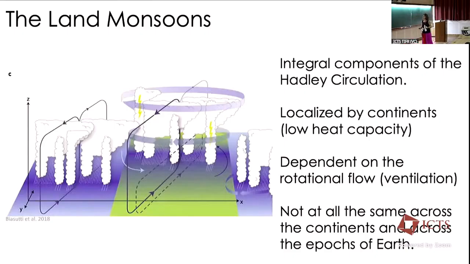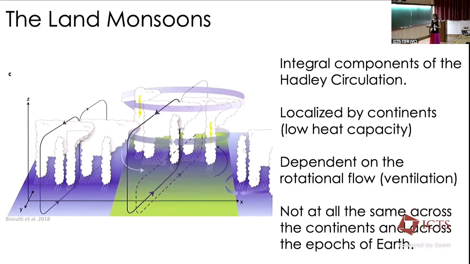And so this is my summary slide with a schematic of the monsoon that maybe or maybe not touches on all that we've discussed. It's connected to the ITCZ. The Hadley-like circulation is definitely important, but you might get another one.